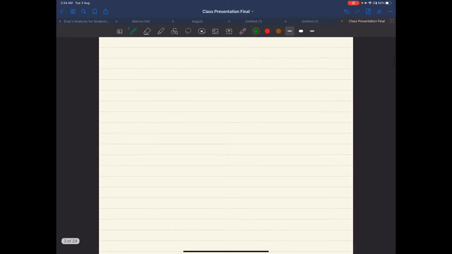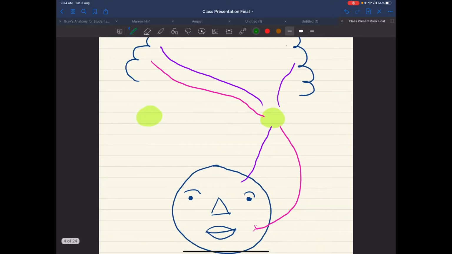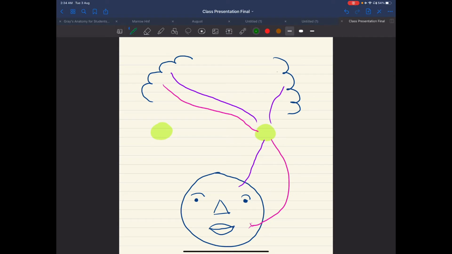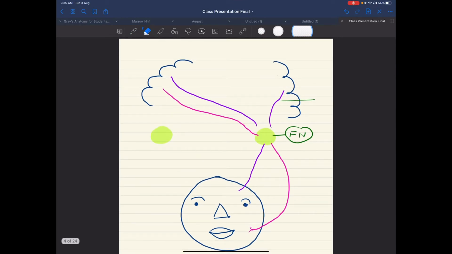Okay, now let's talk about the innervation of the face, the facial nerve, the corticobulbar fibers, and the nerve supply to different musculature of the face. So let us now look at the corticobulbar fibers of the facial nerve, how it is innervated, and where the fibers for the upper part of the face and the lower part of the face are coming from.